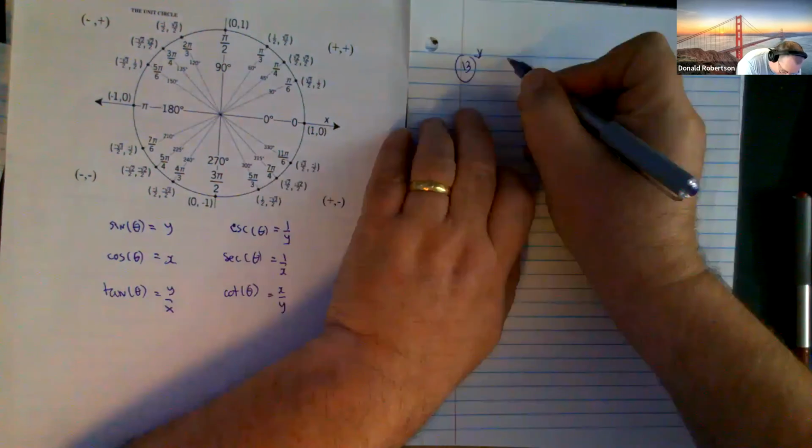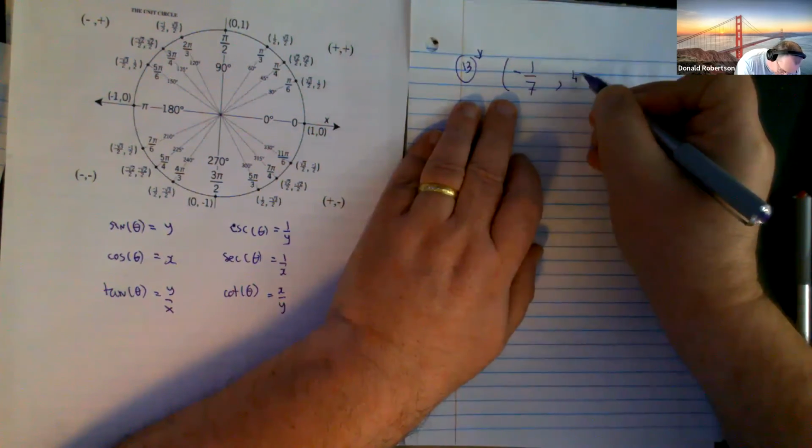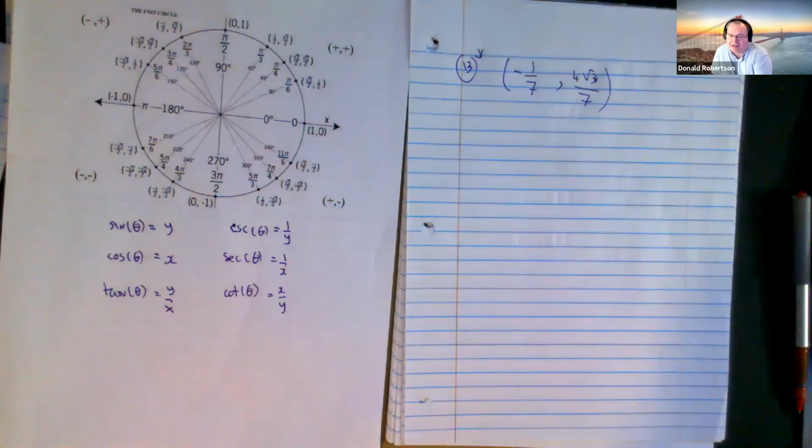If you've not done WebAssign, I think I have mentioned to you that they've randomized the questions, so virtually everybody gets a different question 13. That's my question 13. It's not going to be yours.